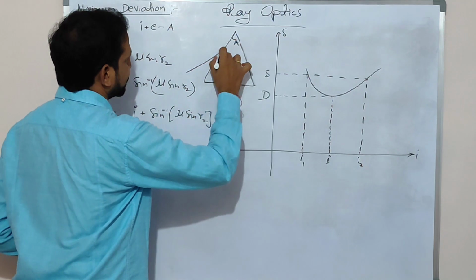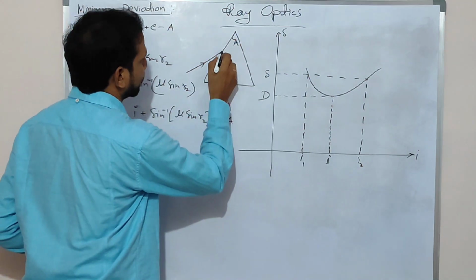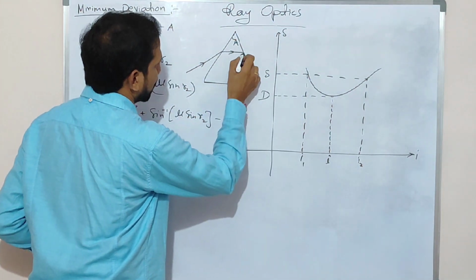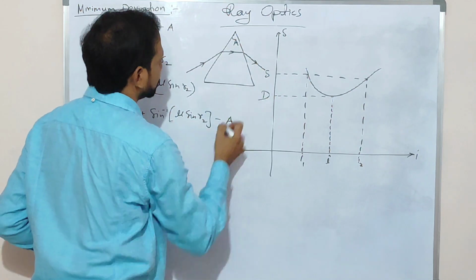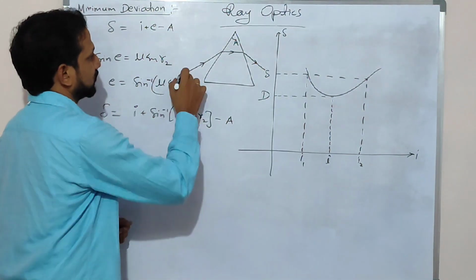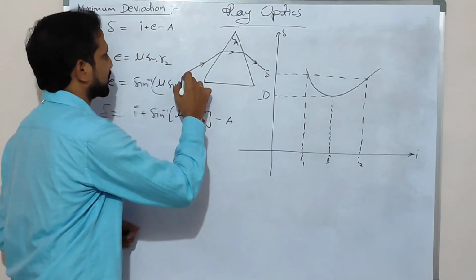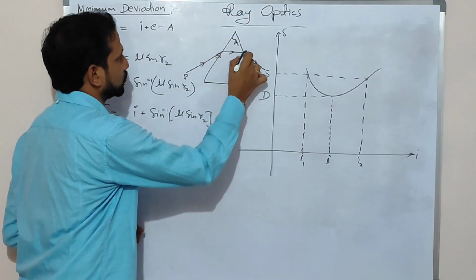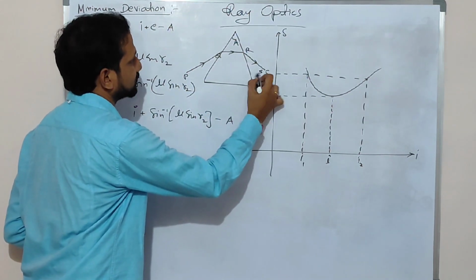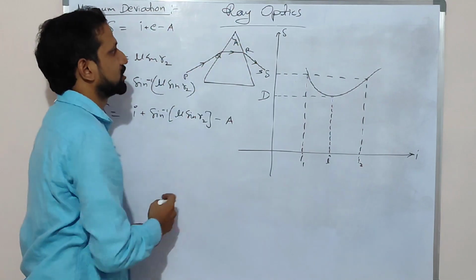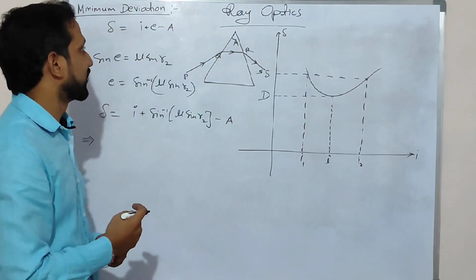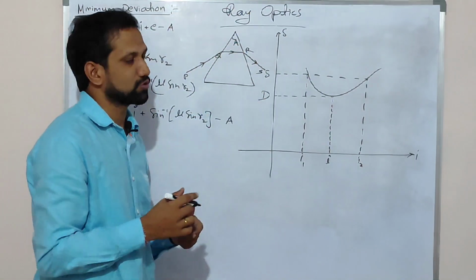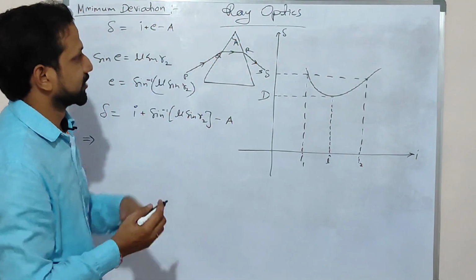The incident ray is this, the refracted ray will be this, and the emergent ray will be this one. I have already given the letters P, Q, R, and S. PQ is the incident ray, QR is the refracted ray, RS is the emergent ray.